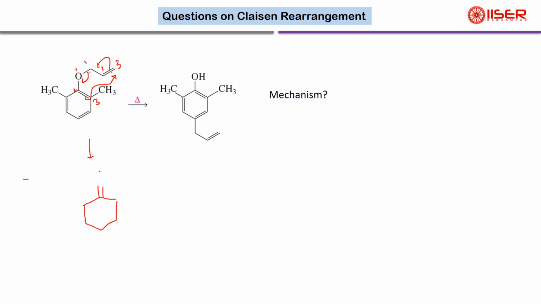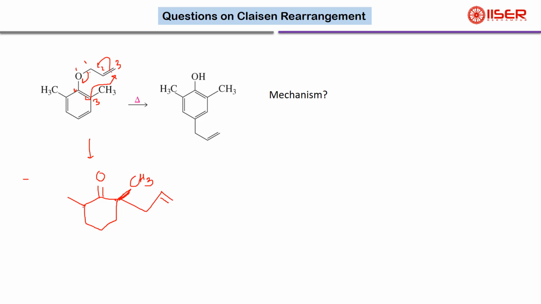Usually in this type of aromatic Claisen, we perform the Claisen reaction, and after that it loses its aromaticity, and then there is a proton at the ortho position with respect to this keto position, and this ortho hydrogen eliminates to give its aromatization back.